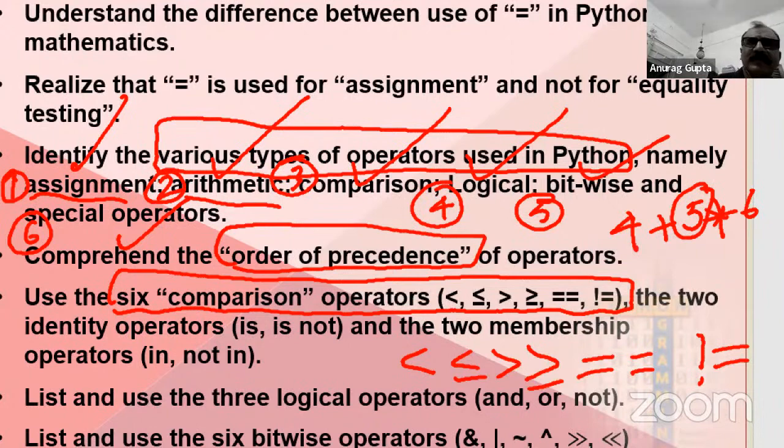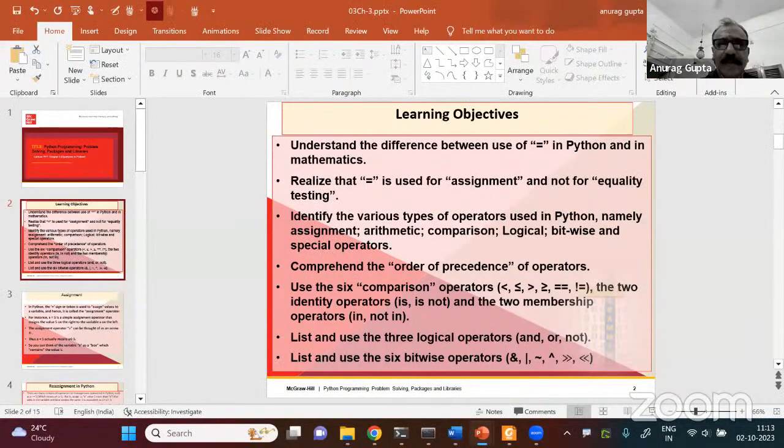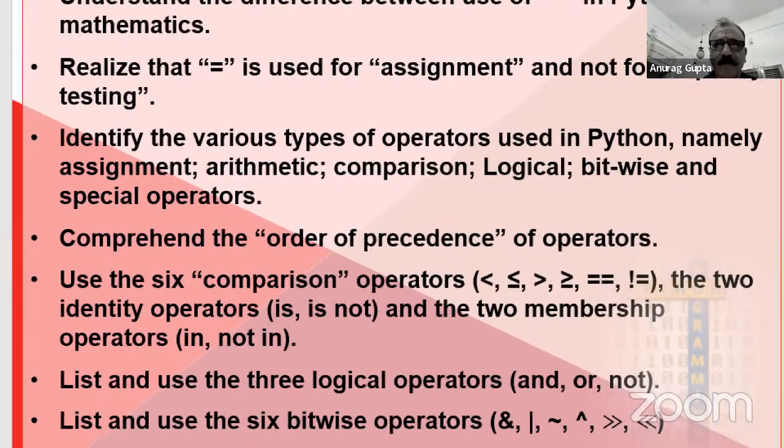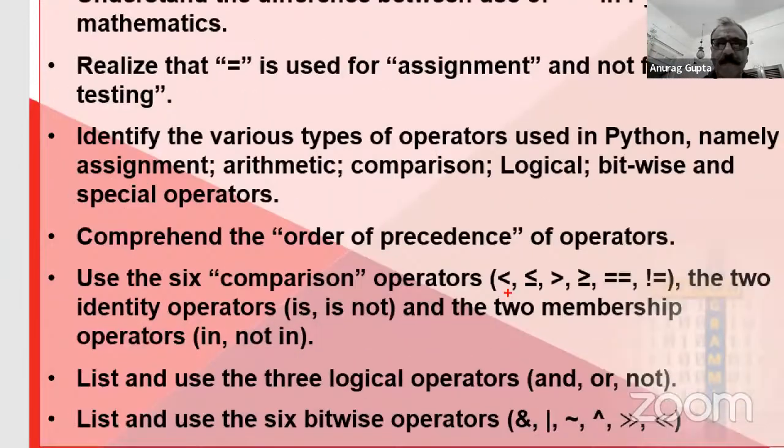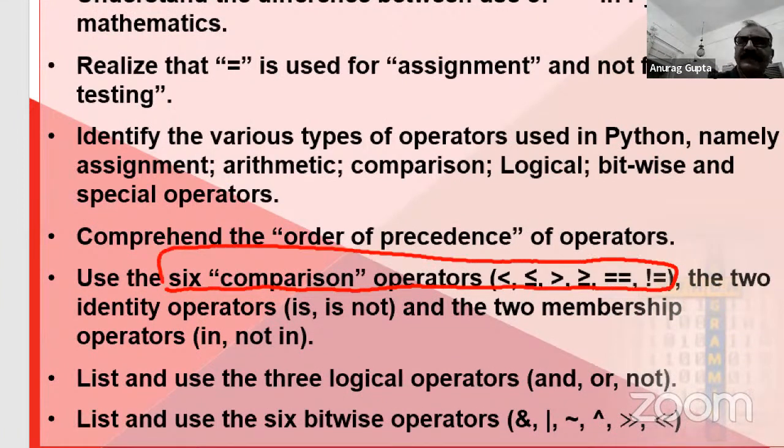Then I will be talking about 2 identity operators. There were 6 comparison operators, and then there are 2 identity operators, which are is and is not.